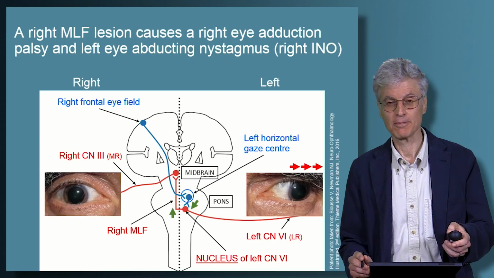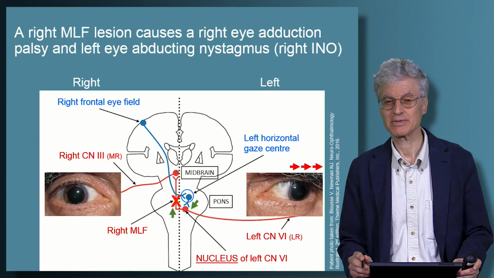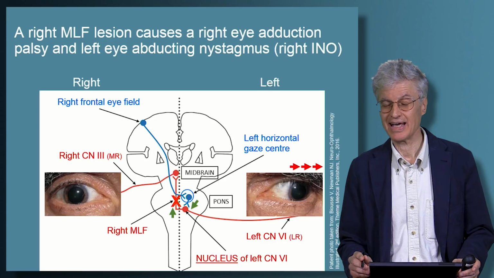But in this case, the red X marks a lesion of the right medial longitudinal fasciculus. So, on looking to the left, the right eye cannot adduct. And this is a case of disconjugate gaze. The eyes normally are conjugately moving together to the left, but in this case, because of that medial longitudinal fasciculus lesion, the right eye cannot adduct.